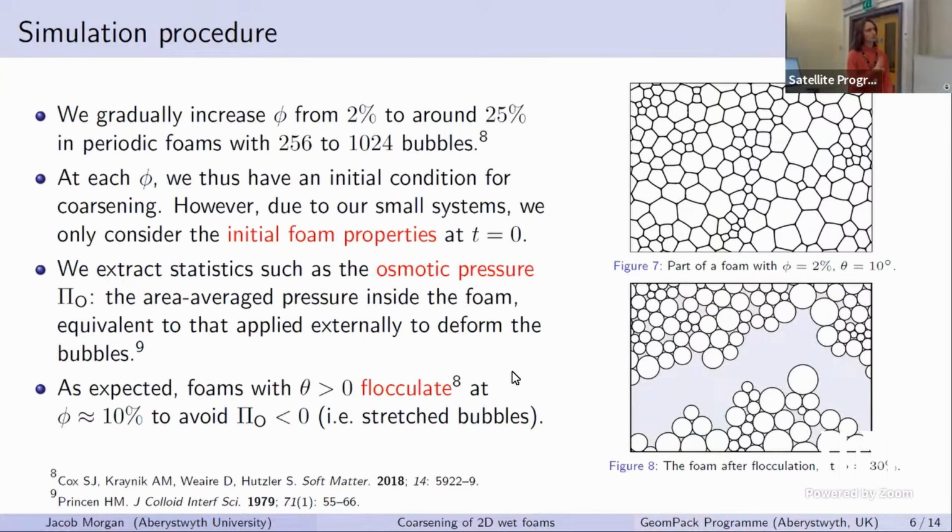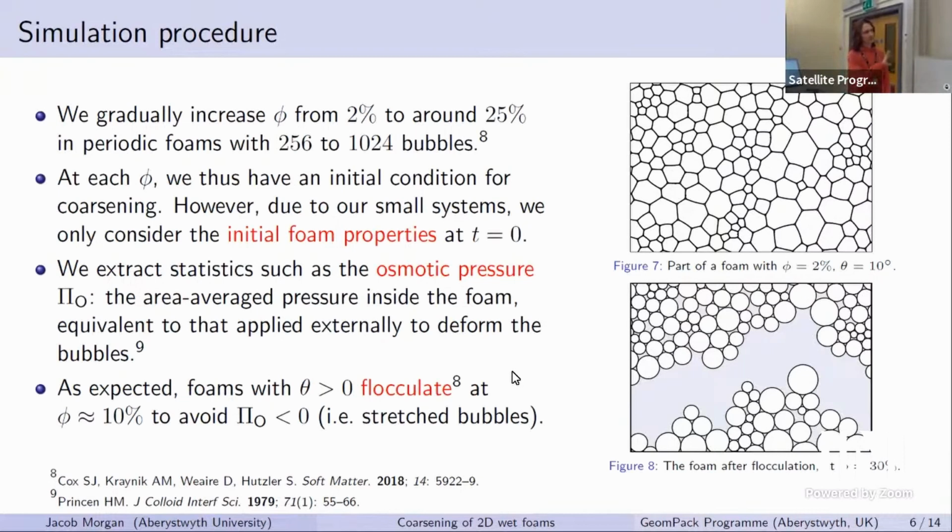Because we consider small systems, for numerical reasons, I don't talk here about coarsening the simulated foams through time. We look at equilibrium foams as initial conditions for coarsening and look at the bubble growth rates in that state.